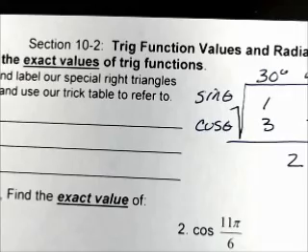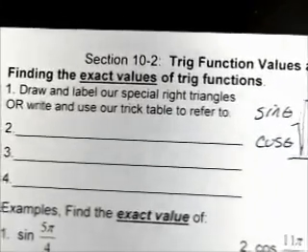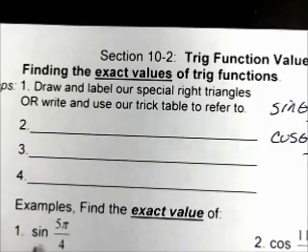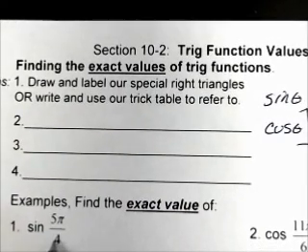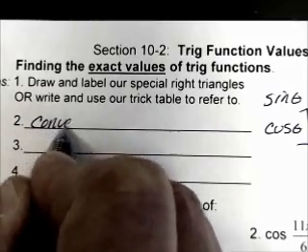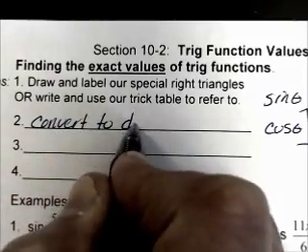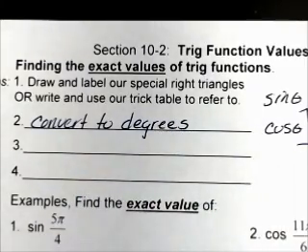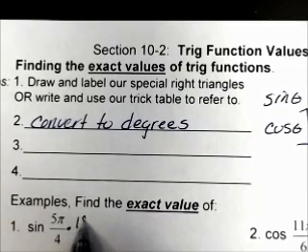We're going to convert our radian measure to degrees. Right. So first thing we'll do here to sine of 5 pi over 4 is we will convert this radian measure to degree measure. Convert to degrees. So we'll multiply by 180 over pi.